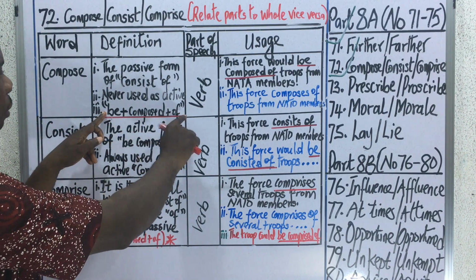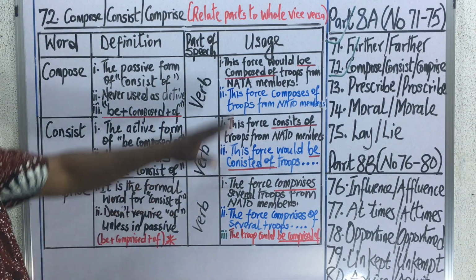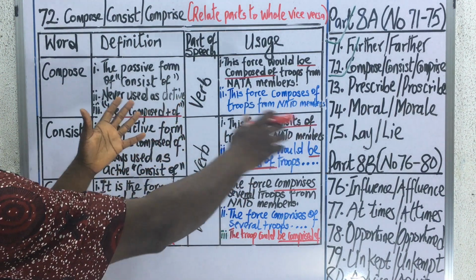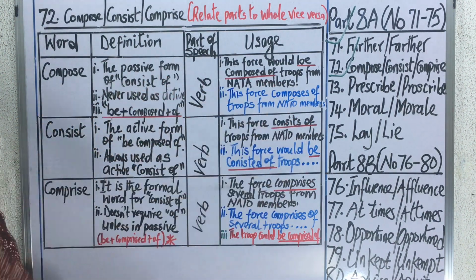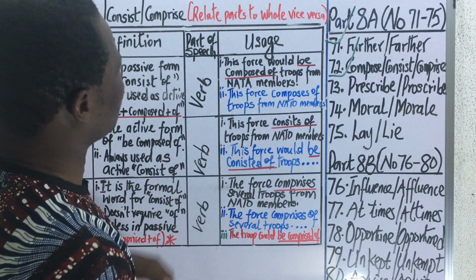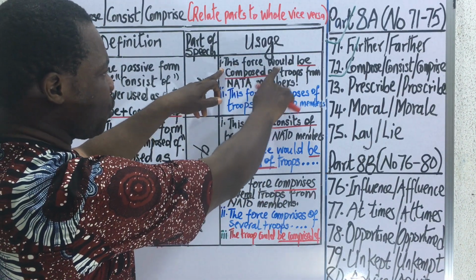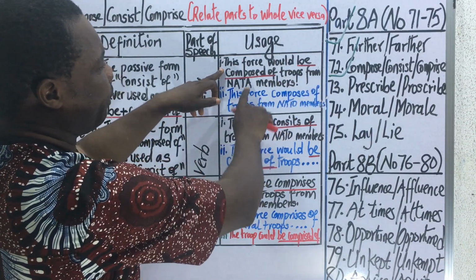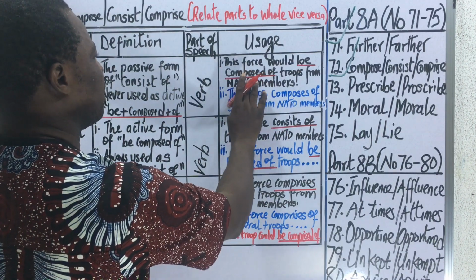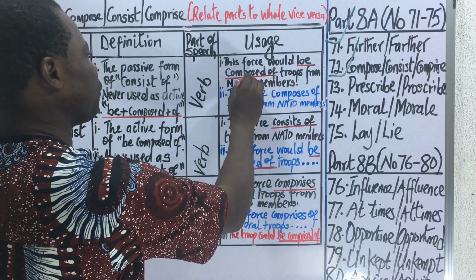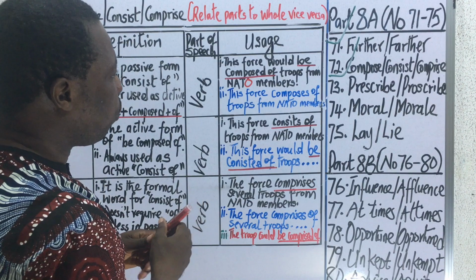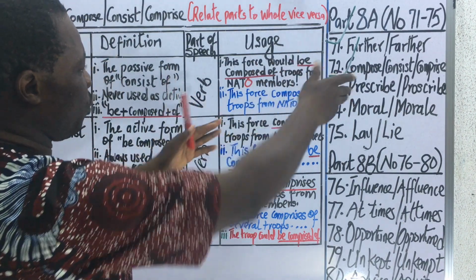Let's look at a few examples on how to use the words and expressions. The first one says, this force would be composed of troops from NATO members.